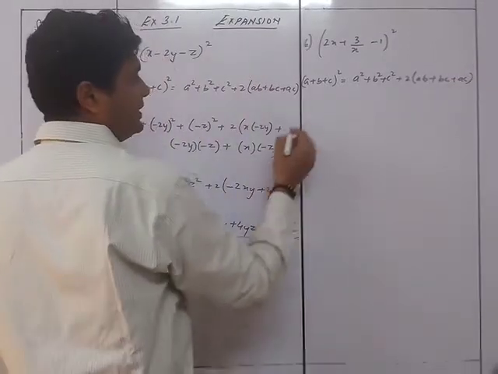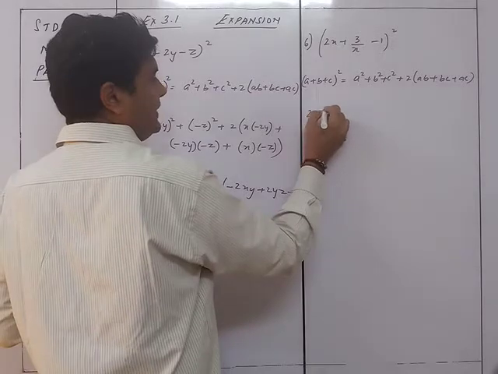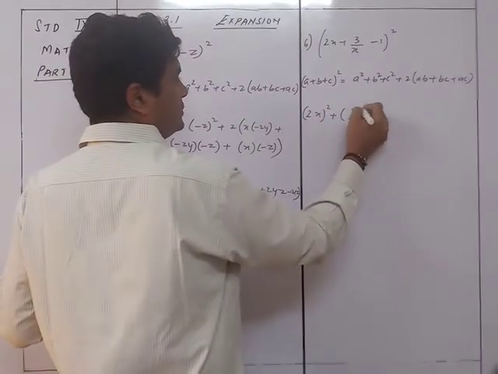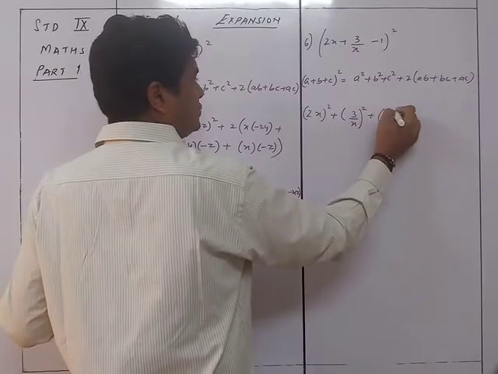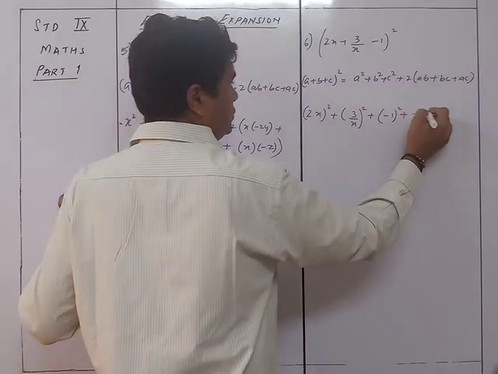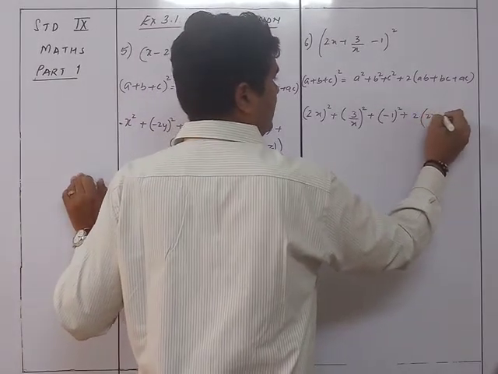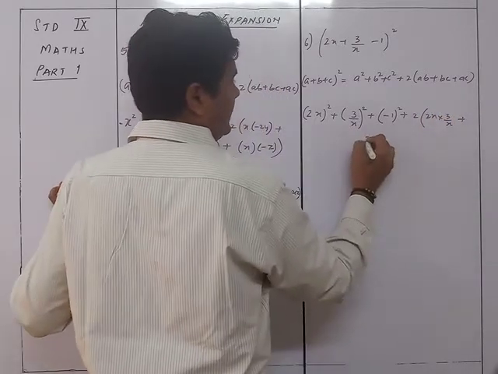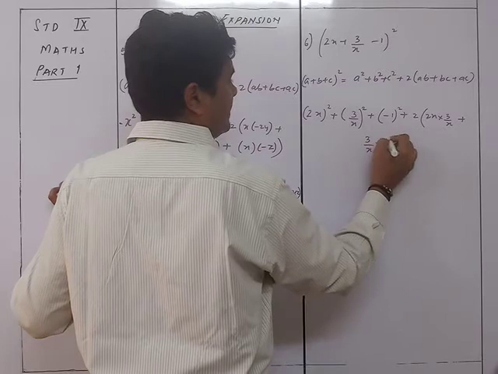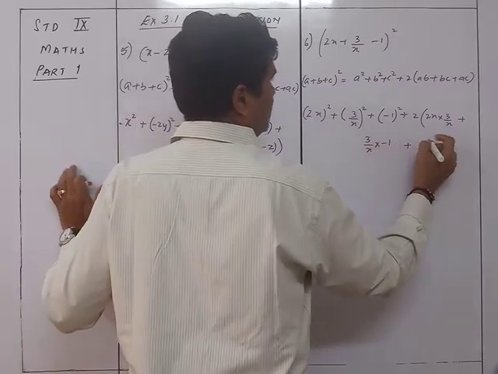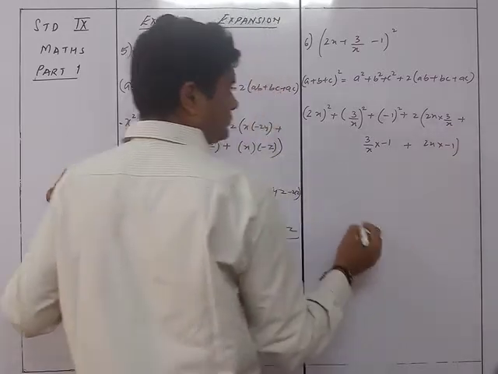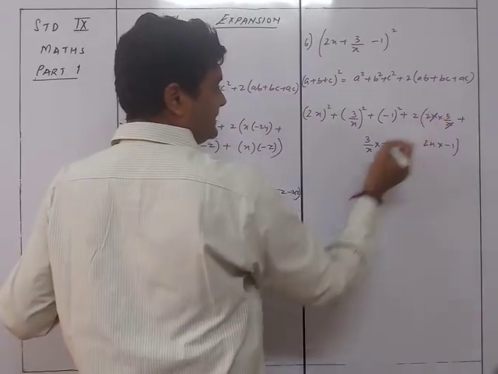So that gives me 2x the whole square plus 3 upon x the whole square plus minus 1 the whole square plus 2 into [2x into 3 upon x plus 3 upon x into minus 1 plus 2x into minus 1]. So this x and this x get cancelled.